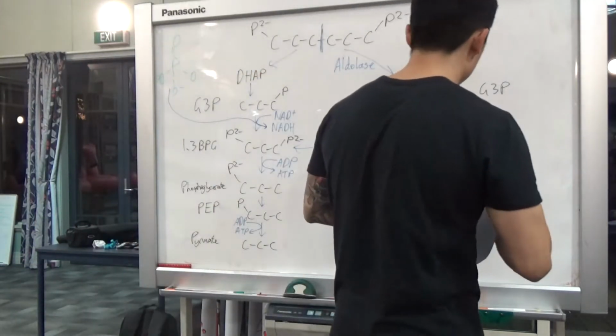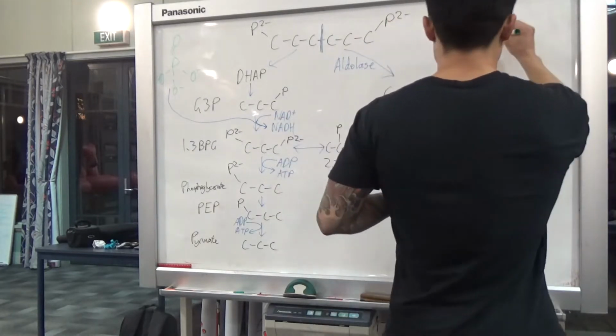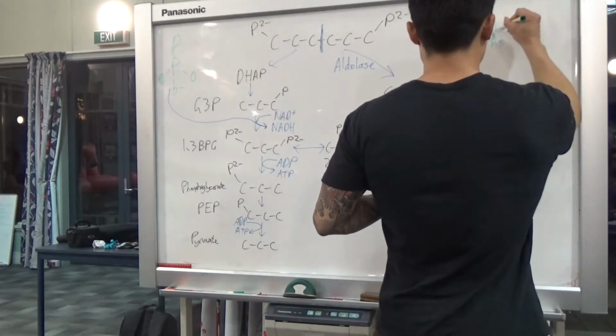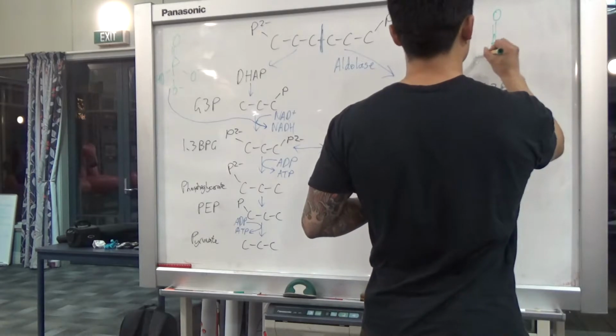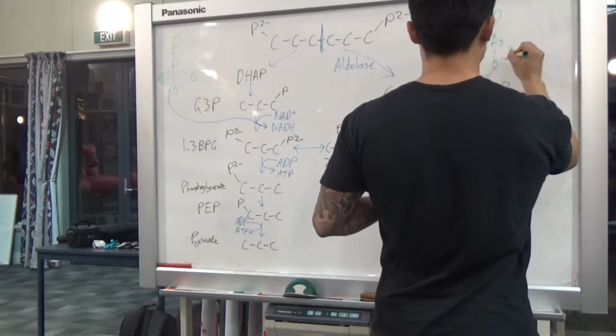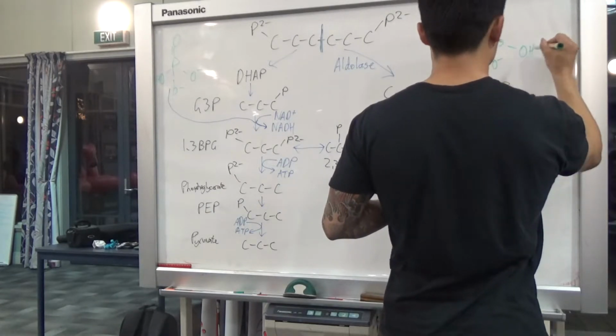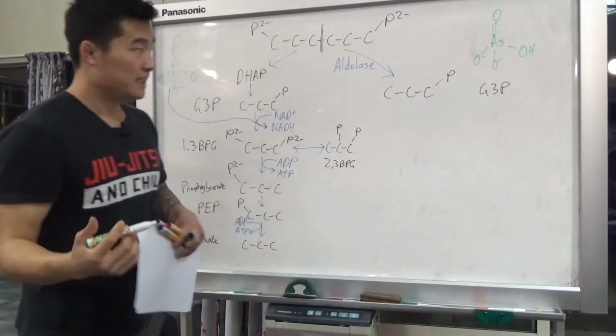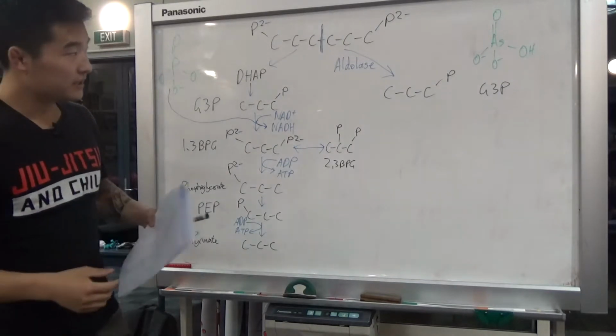So here's our arsenate molecule. And it's going to be negatively charged, just like phosphate.